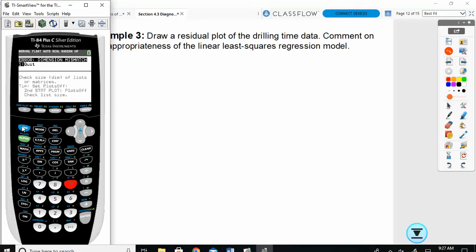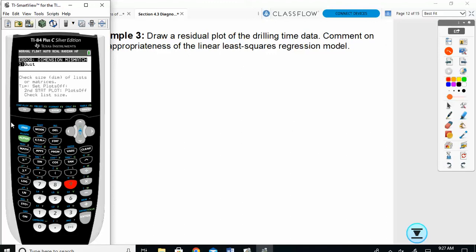I know why. Okay, good point to bring up. Your calculator does not store the residuals unless you run the regression line. So right now, it's trying to graph residuals from our previous example because that's the last time we ran the regression line.